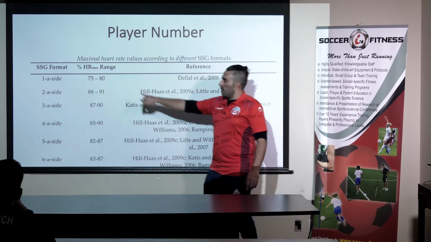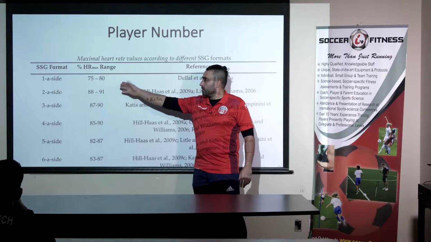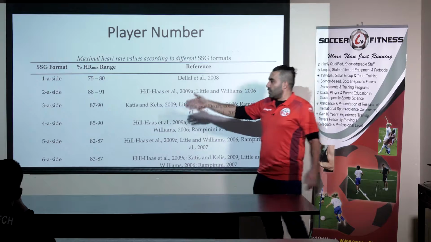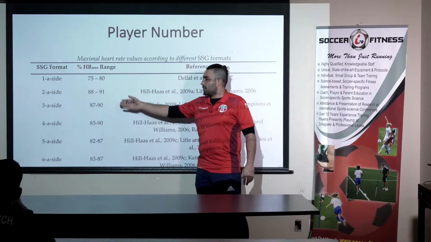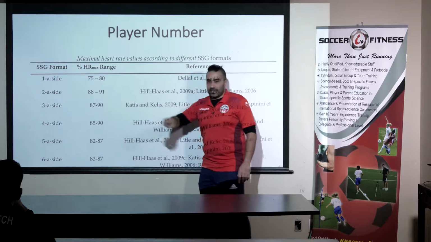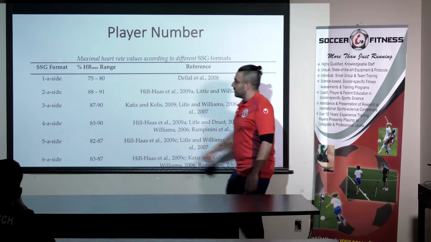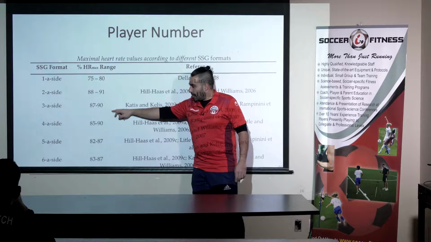When we have a 1v1, you get a heart rate max percentage of 75 to 80. You get a 2v2, 88 to 91, 3v3, and so forth. And you get to see this plateau essentially.